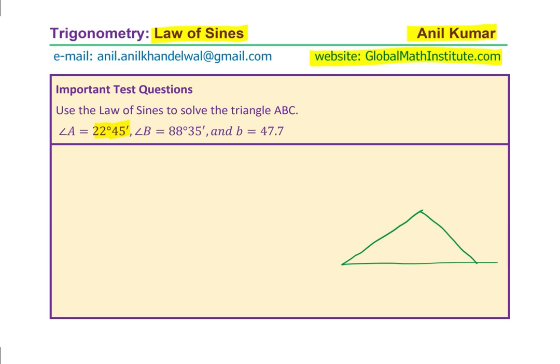So we can write down angle A as 22 degrees 45 minutes, angle B as 88 degrees 35 minutes, and side length b as 47.7.